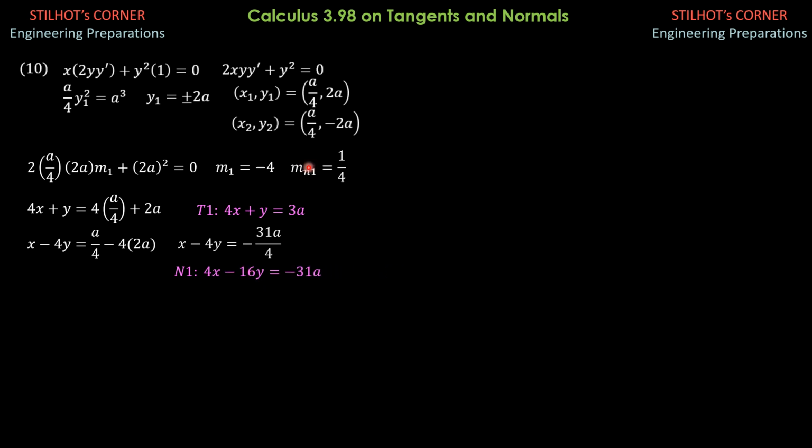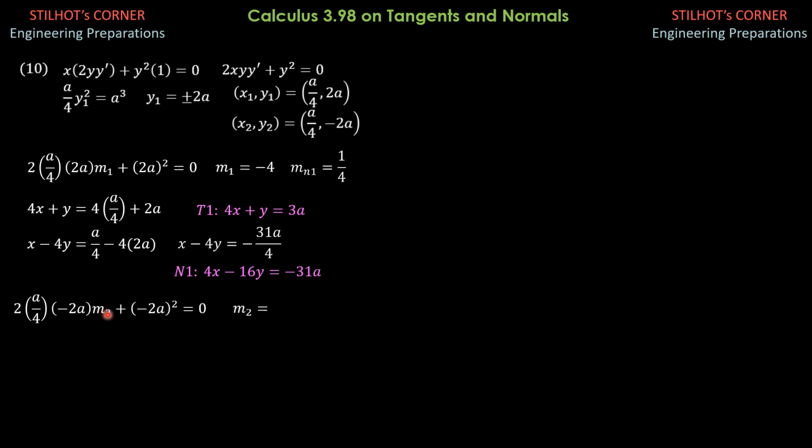For the second point of tangency, the slope is, again, substitute here, 2 times a over 4 times negative 2a m plus negative 2a quantity squared equals 0. So this is negative 4a squared to the right divided by negative a squared, so positive 4.